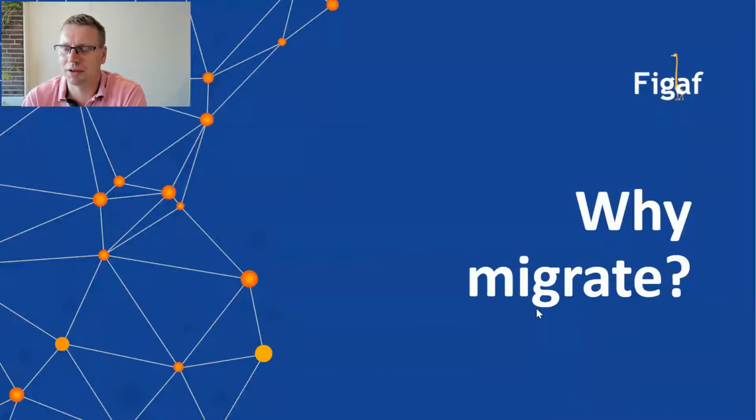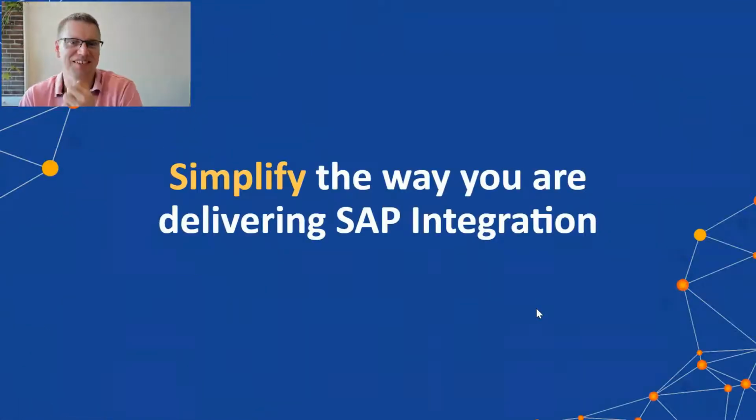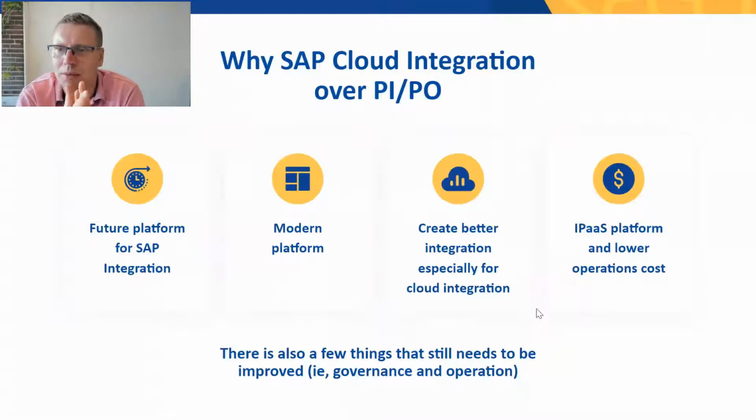So why do we want to migrate? I think this is actually a pretty interesting topic that you want to figure out what's actually the big reason for this. And I think the main one is it's about simplifying the way you're delivering SAP integration. So cloud integration has a lot of capabilities that make it easier for you to manage the integration.